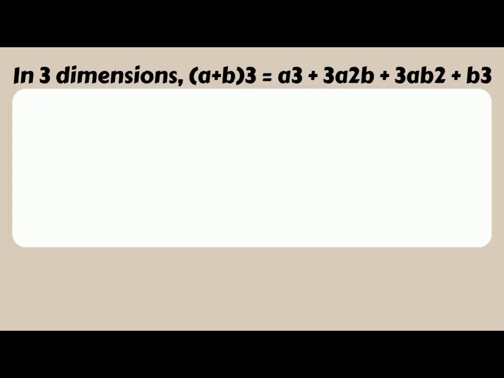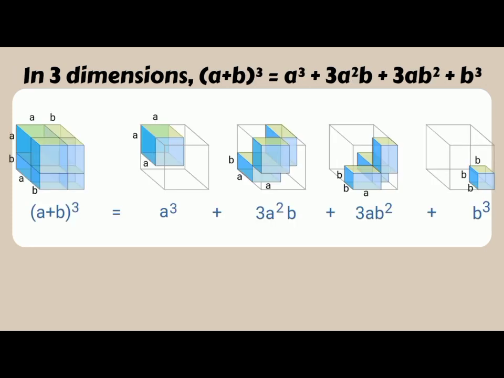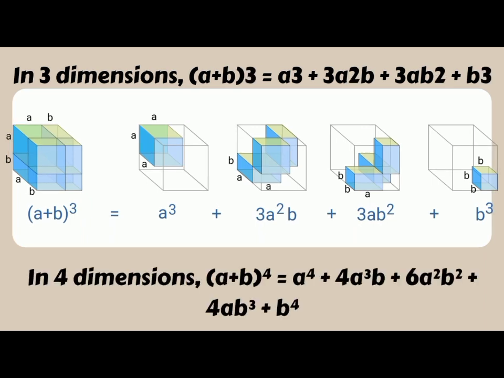In 3 dimensions, (a + b)^3 equals a^3 + 3a^2b + 3ab^2 + b^3. And now, these are the boxes that show 3 dimensions. So, the next is 4 dimensions: (a + b)^4.